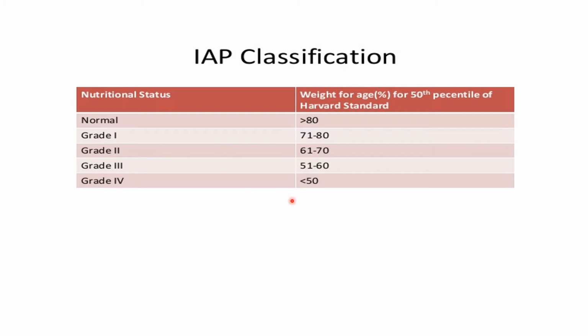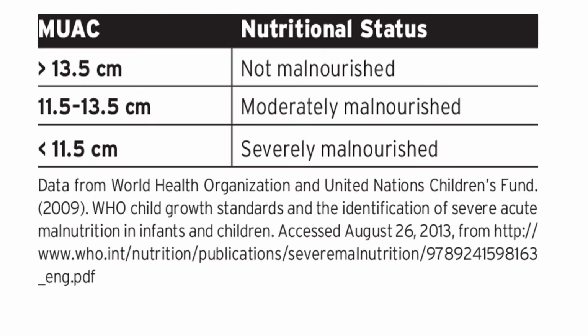If it is 51 to 60, grade 3. If it is less than 50, grade 4. Grade 4 is severe malnourishment, or the child is considered severely malnourished. Okay, that is all about taking the weight and height.